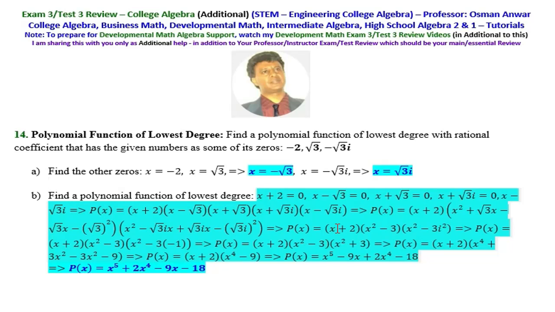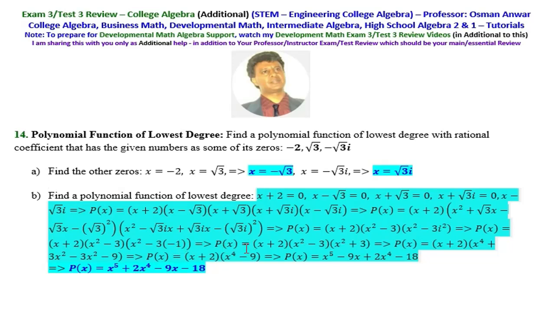That means p of x equals x plus 2 times x squared minus square root of 3 squared, which is 3, times x squared minus square root of 3i squared, which is 3i squared. Then p of x equals x plus 2 times x squared minus 3 times x squared minus 3 times i squared, and i squared is minus 1.